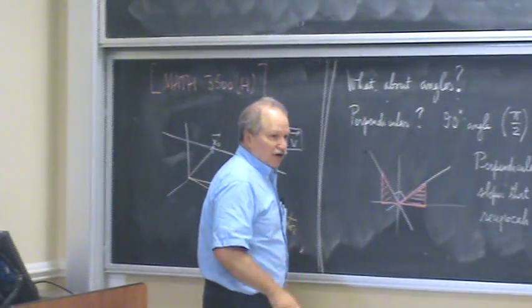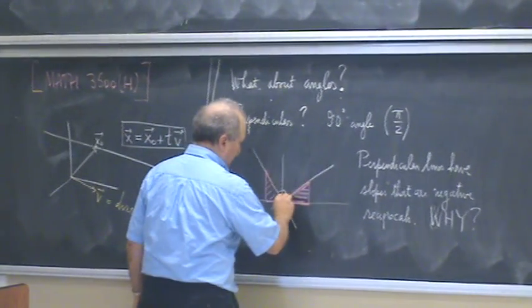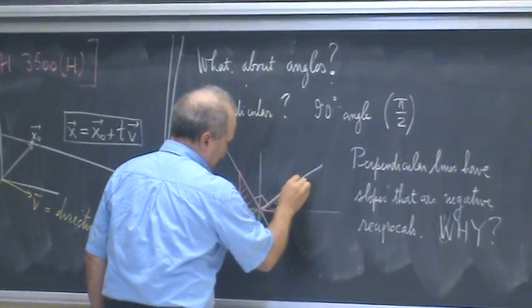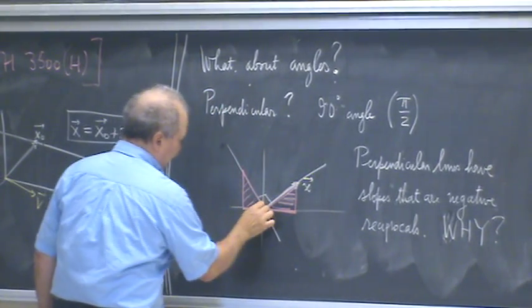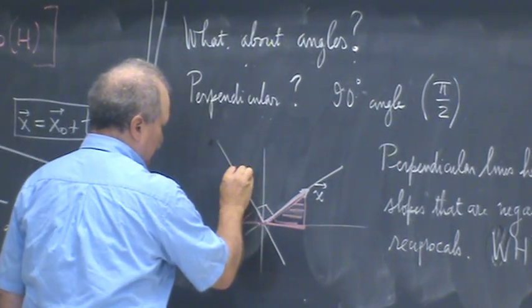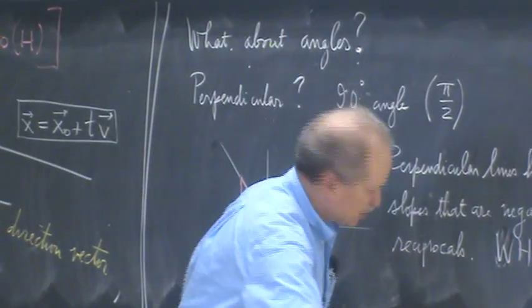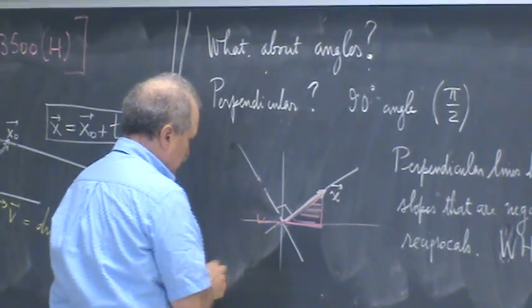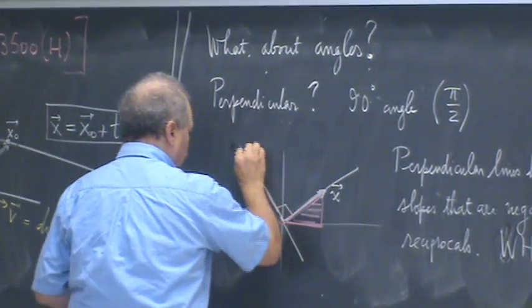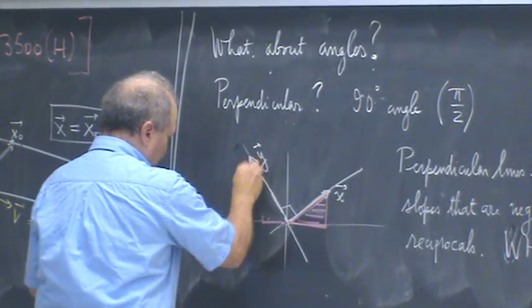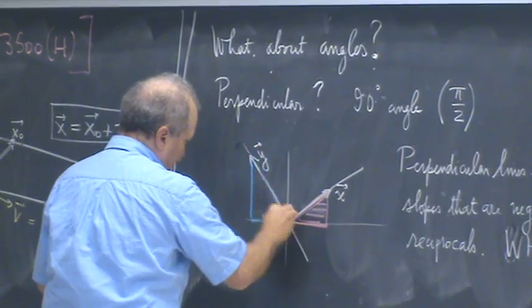So let's figure out why that's true. If this vector here is x, and this vector, which needn't actually be identical, so I might make it longer just so that that isn't so clear, is the y vector, let's make a blue triangle for y.